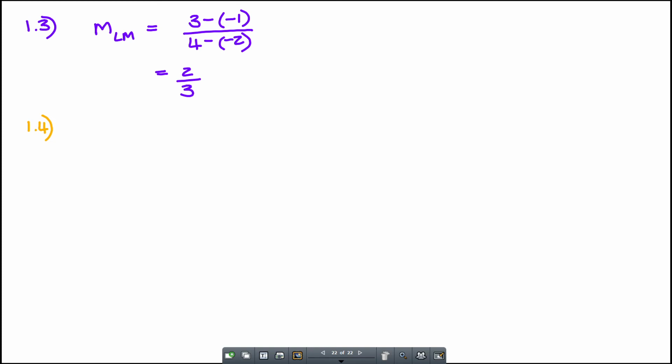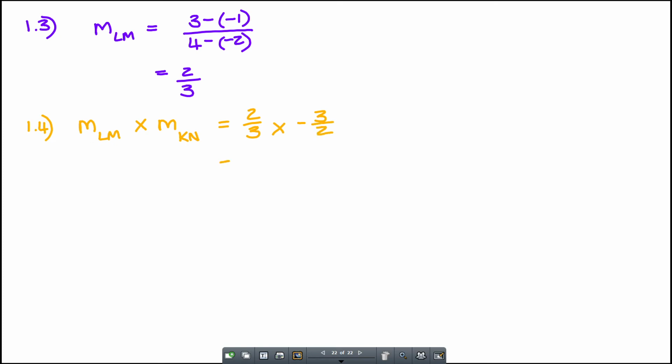Okay, so, gradient of LM times gradient of Kn. Die gradient van LM, het ons nou uitgewerk hierbo, is mos 2 op 3. That I'm going to multiply with the gradient of Kn, and that's minus 3 over 2.